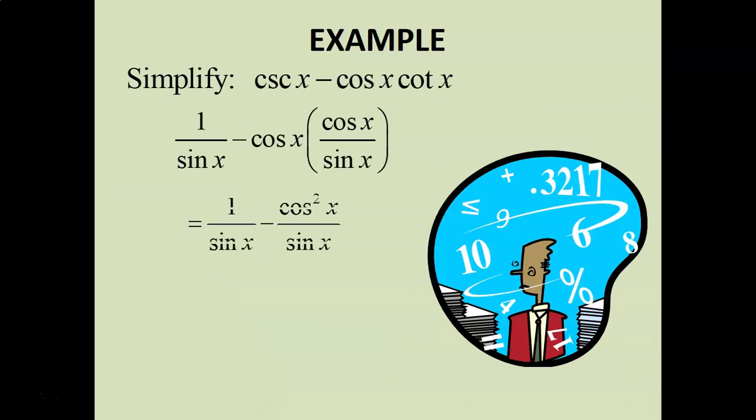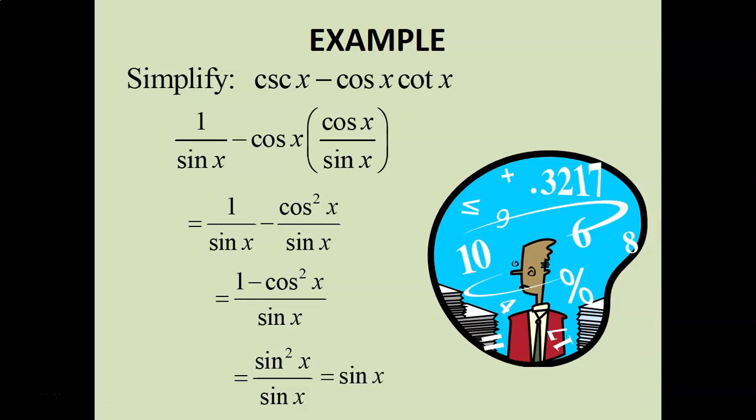We have that 1 minus cosine squared is equal to sine squared. So I have sine squared x over sine of x. We use the fact that I have sine squared over sine to the first, we divide that out, and that leaves me with sine of x. And that would be a simplified version of all this that we saw at the beginning.